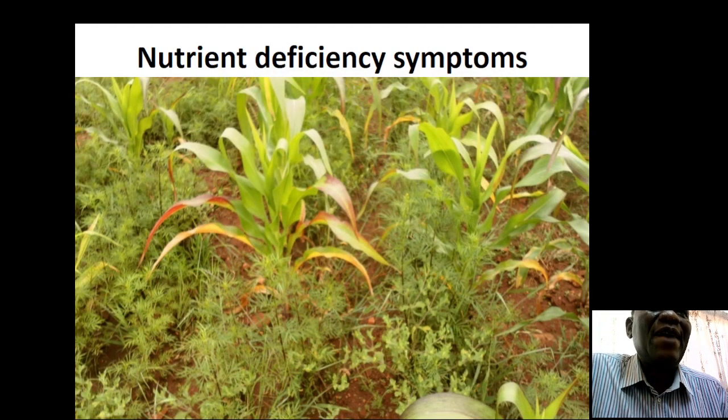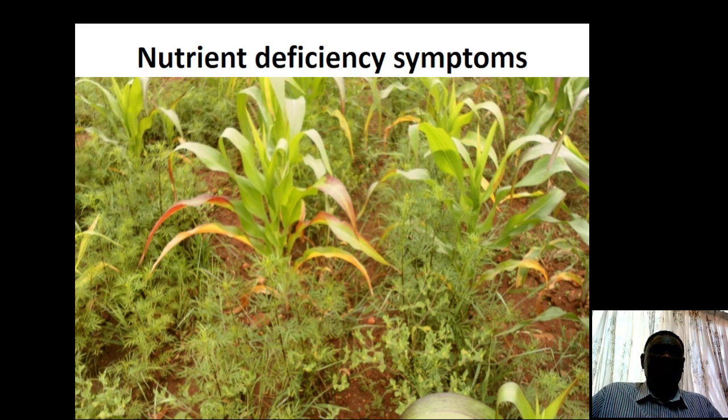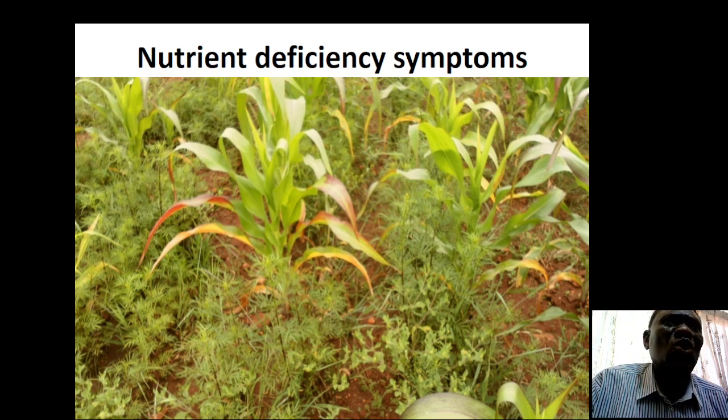So what can happen when you have weeds is that you have the crop expressing some nutrient deficiency symptoms. If you look at the color of those maize leaves, they are purplish, probably indicating phosphorus deficiency.